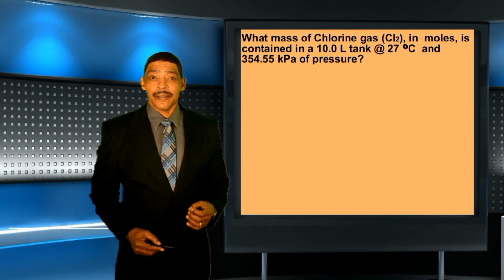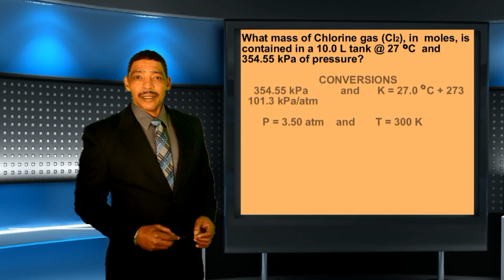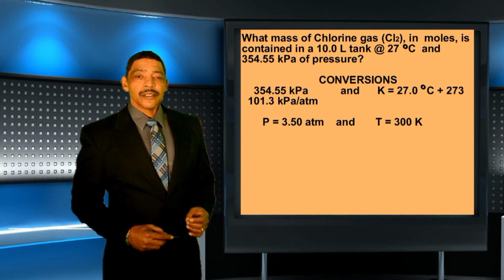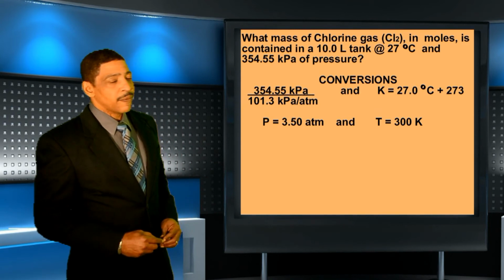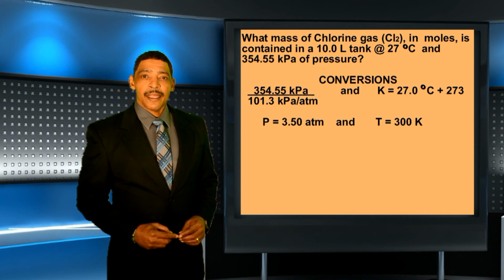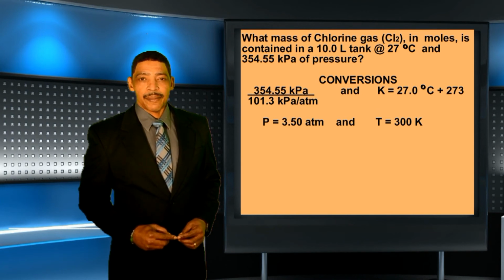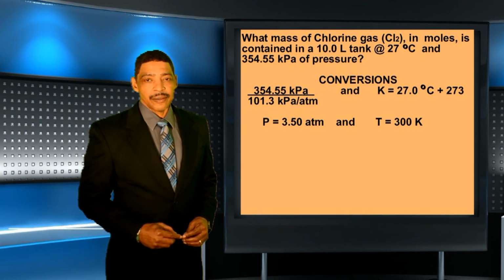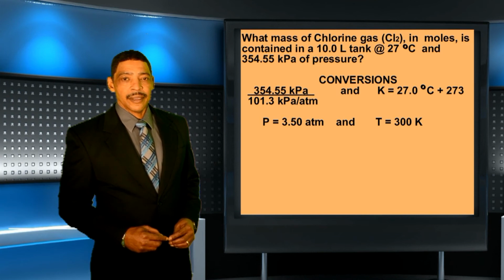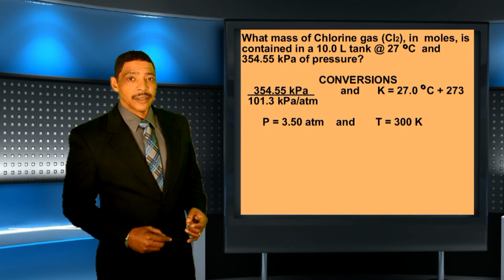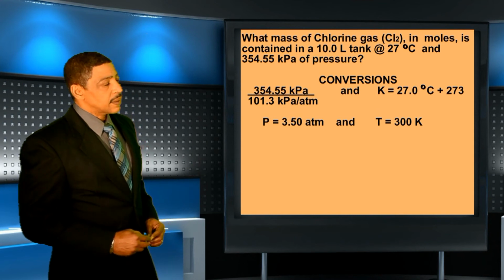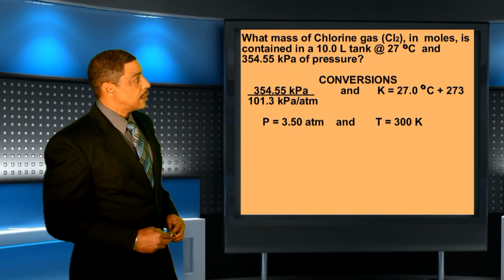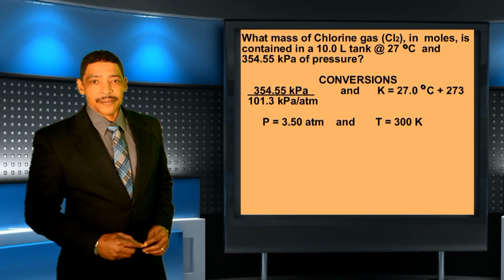Clearly, the first step in solving this practice problem is to convert the pressure to atm and the temperature to K. To convert the pressure, divide 354.55 kPa by 101.3 kPa per atm. This will equal 3.50 atm. To convert the temperature to Kelvin, add 27 degrees Celsius plus 273. This will equal 300 K.